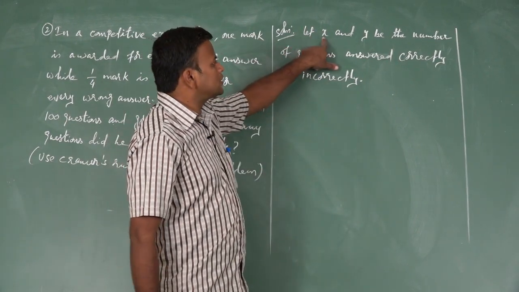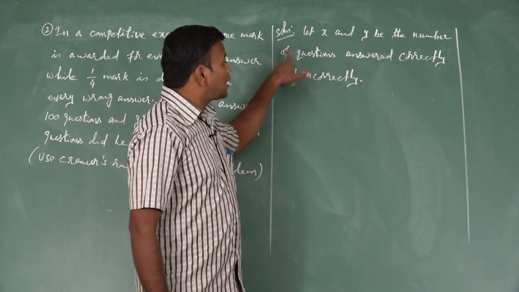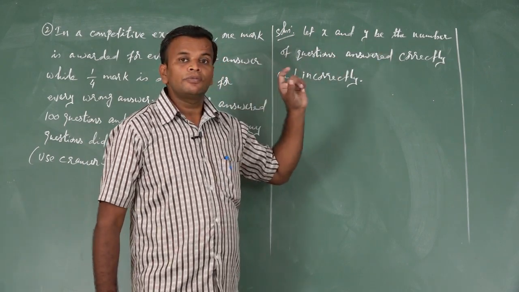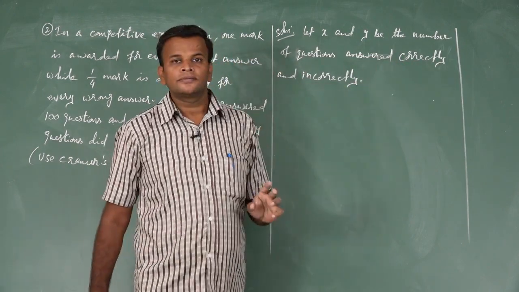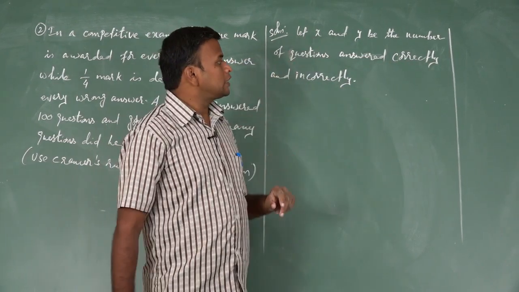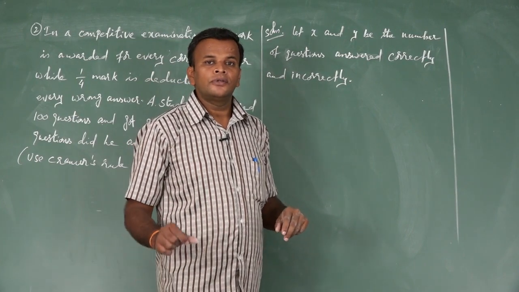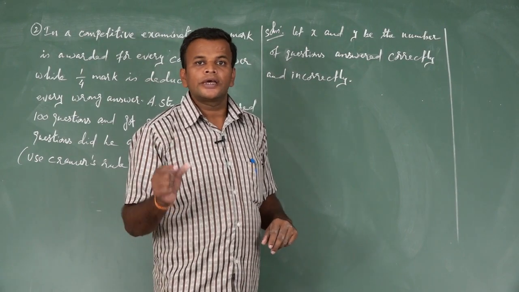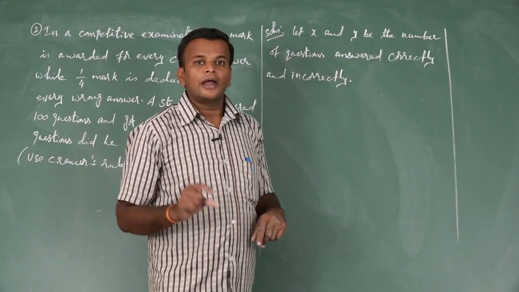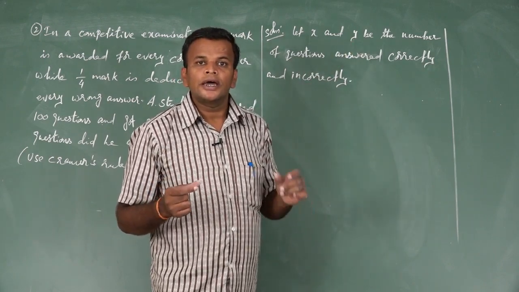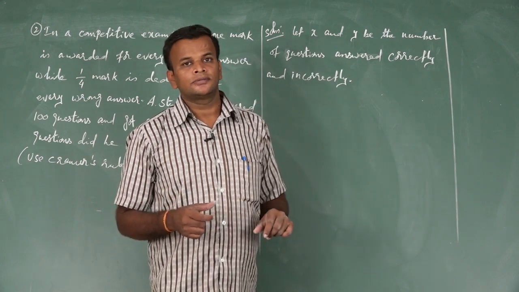So small x indicates the number of correct questions, that is, the student has answered correctly. y is the number of questions the student has answered incorrectly.